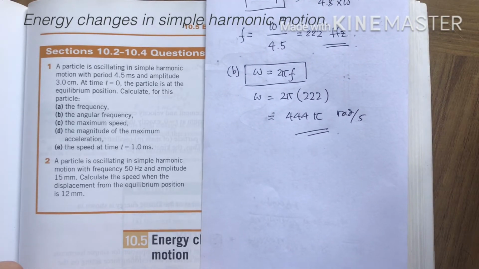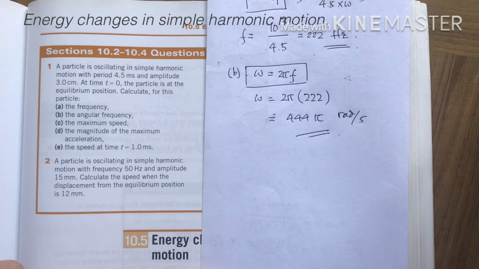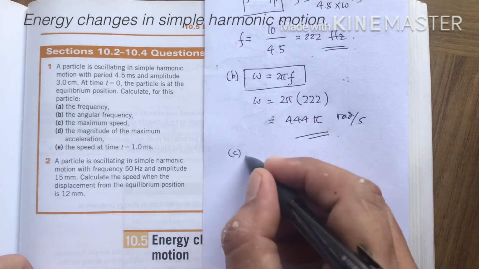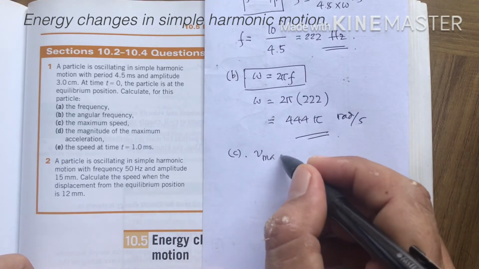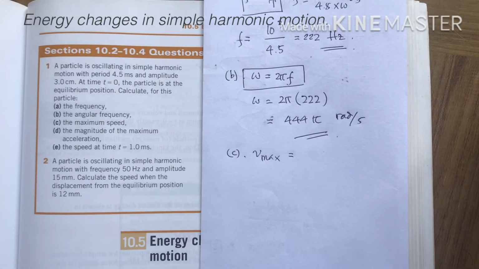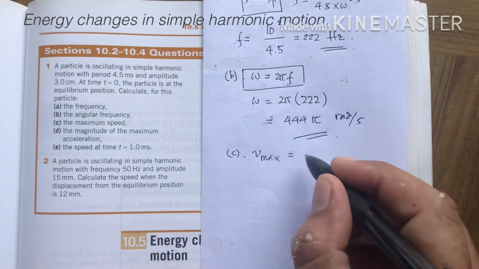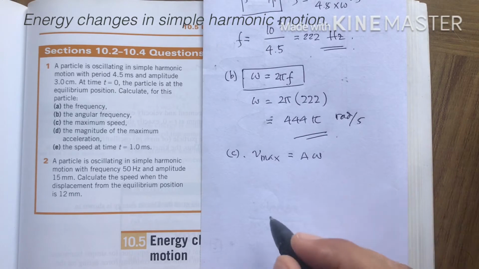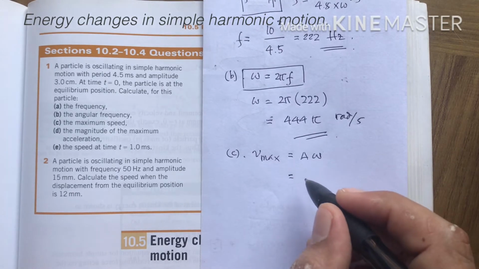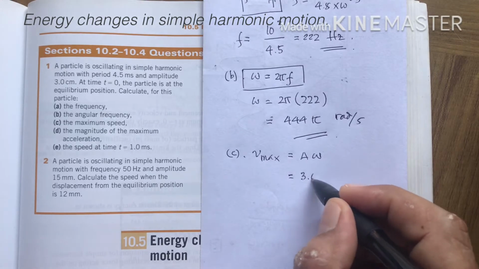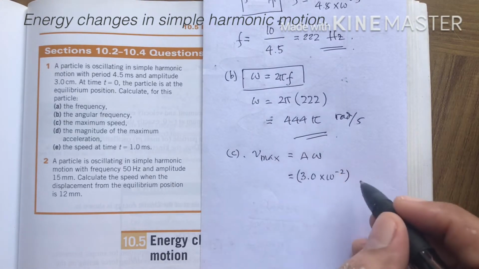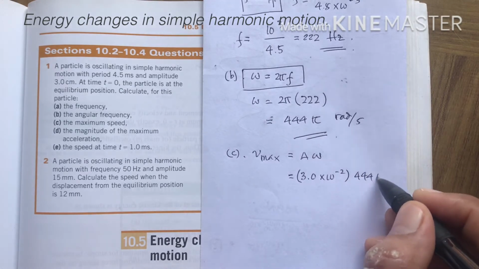Continue to the next question. The maximum speed, V max, is the same as A omega, amplitude times omega. Amplitude we have 3 times 10 to the minus 2, and omega is 444 pi.